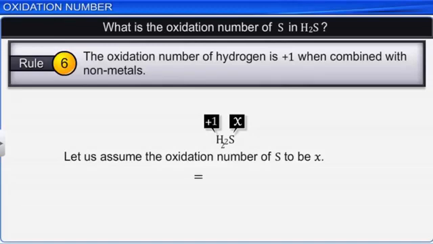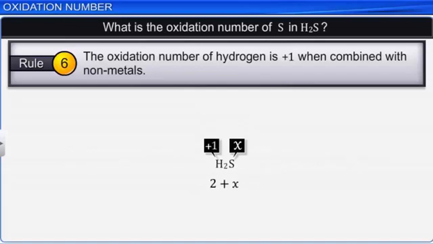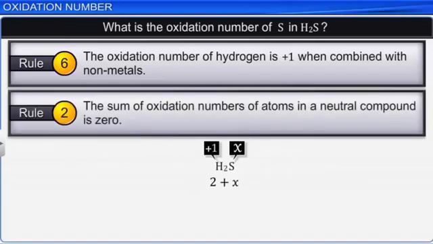If we calculate the sum of the oxidation numbers of the atoms, we get the result as shown here. According to Rule 2, the sum of oxidation numbers of atoms in a neutral compound is 0. Therefore, we will add 0 to the equation. As per the equation, the oxidation number of sulfur in hydrogen sulfide is -2.